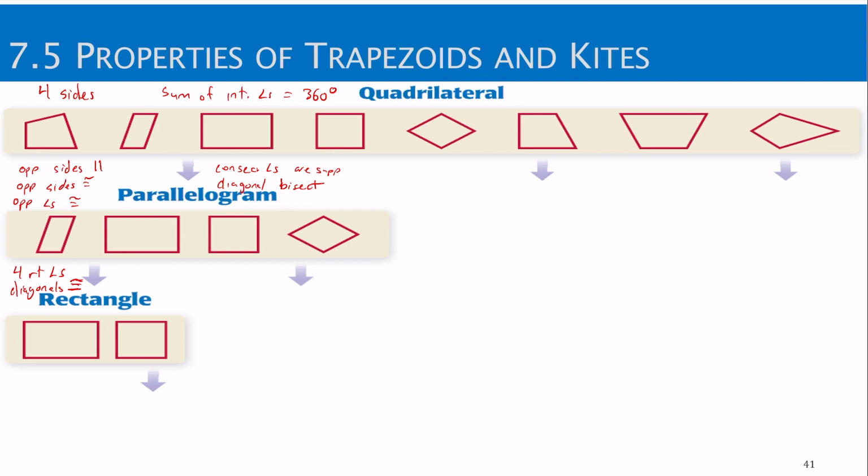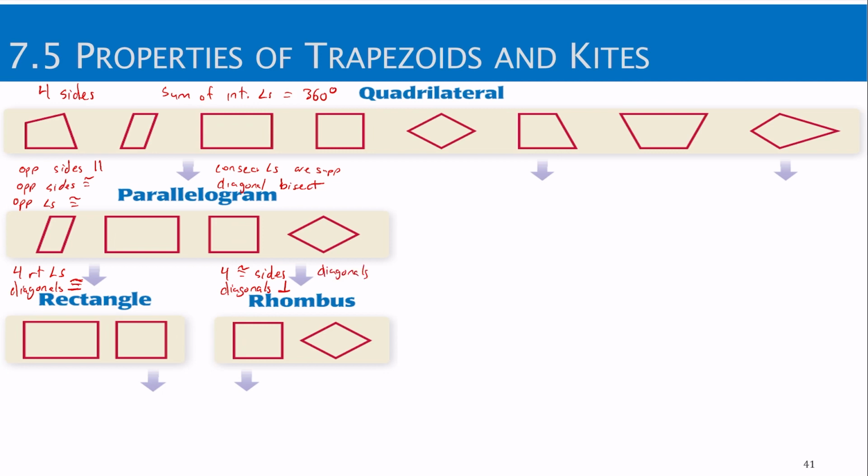Some other parallelograms are rhombuses. A rhombus has 4 congruent sides. And what else do we know? We know the diagonals are perpendicular, and the diagonals bisect opposite angles. Plus all the properties of parallelograms and quadrilaterals.